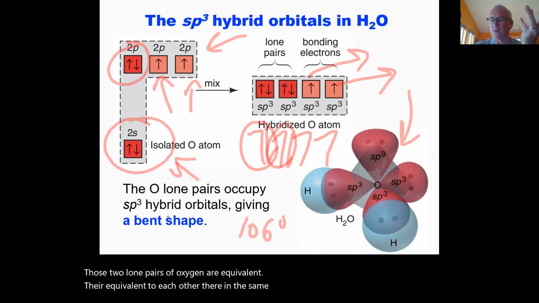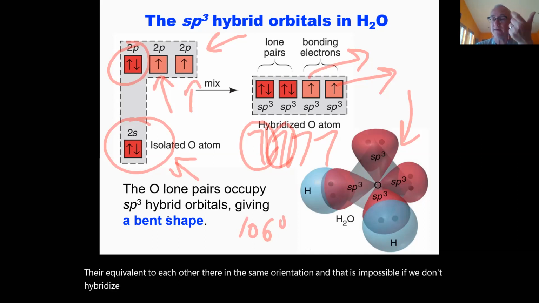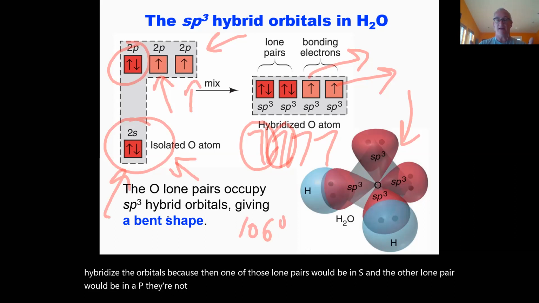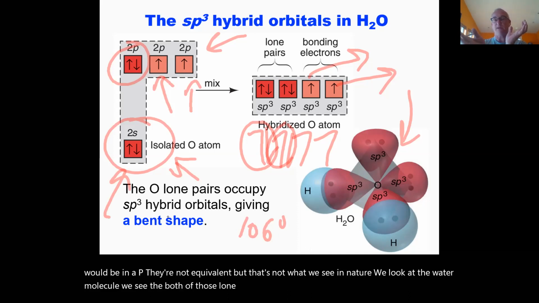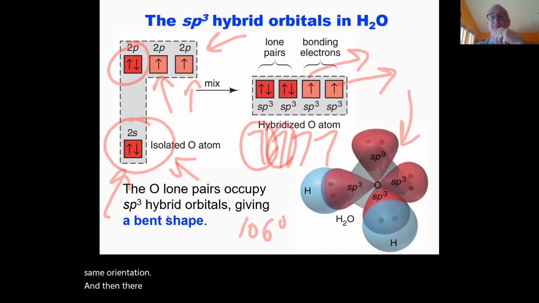And that is impossible if we don't hybridize the orbitals, because then one of those lone pairs would be in an s and the other lone pair would be in a p. They are not equivalent. But that's not what we see in nature. When we look at the water molecule, we see that both of those lone pairs are equivalent to each other. They're in the same orientation, and they're in the same orientation as the bonding electrons as well.